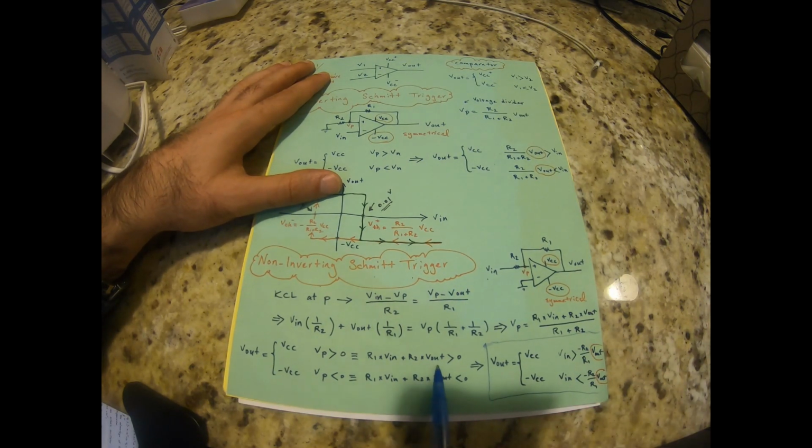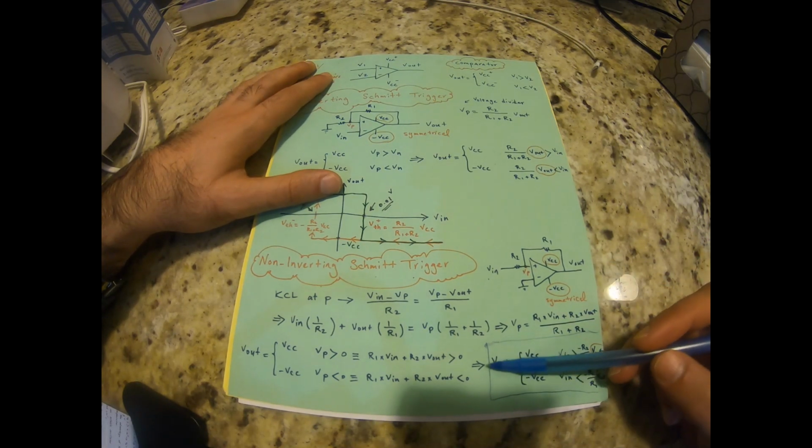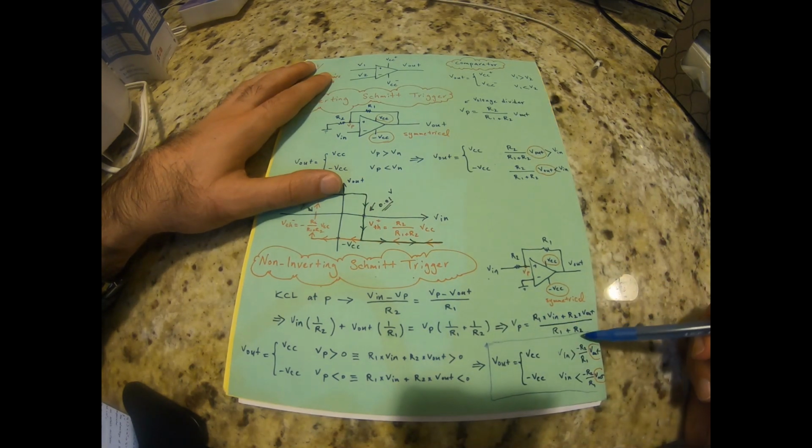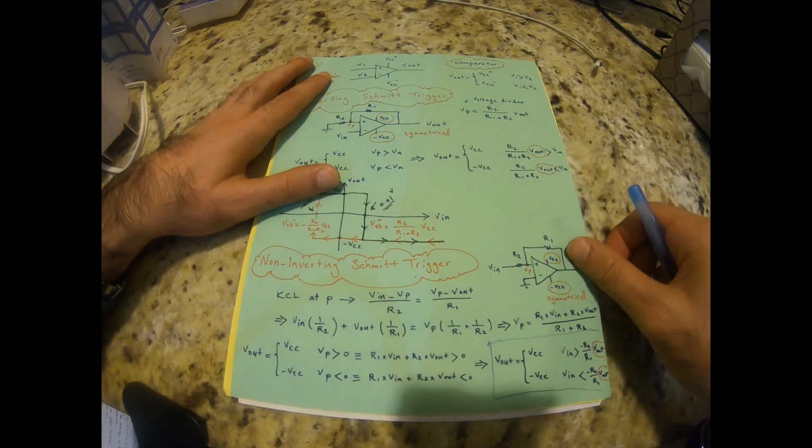This is based on replacing VP with the term that we found here, and we just moved the Vout term to the other side, and it can be simplified like this. So again, you can see that Vout depends on the previous value of Vout, and as you change Vin, Vout might switch between VCC and negative VCC if these conditions get satisfied.